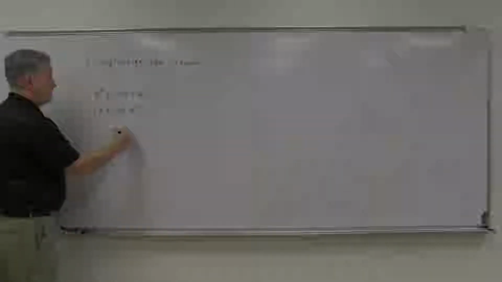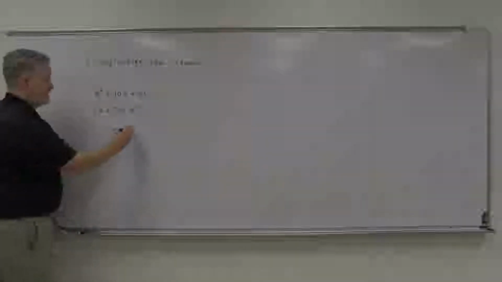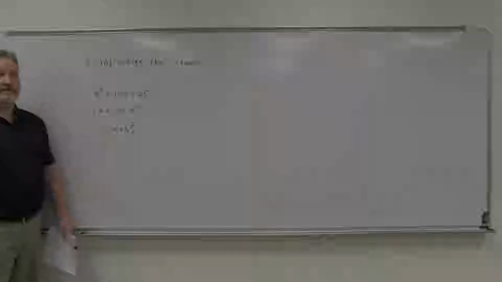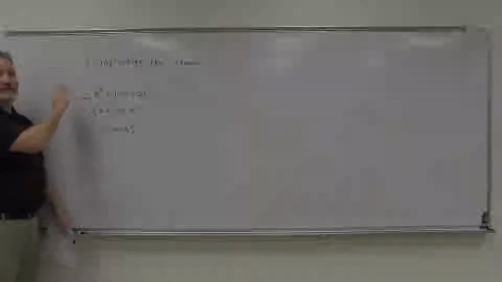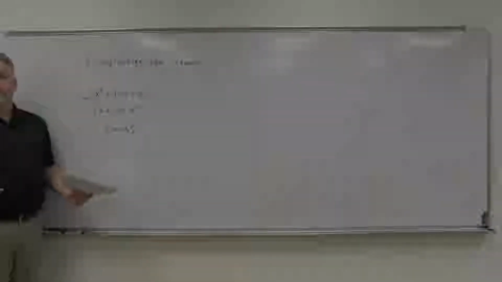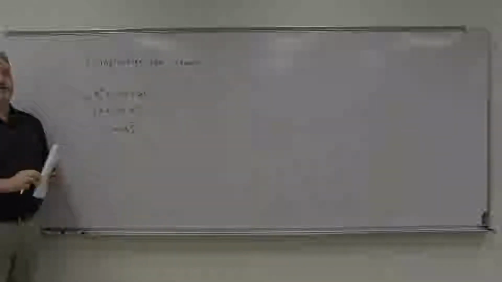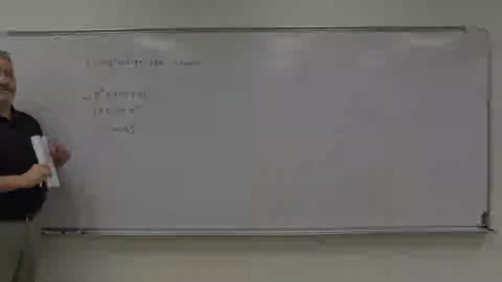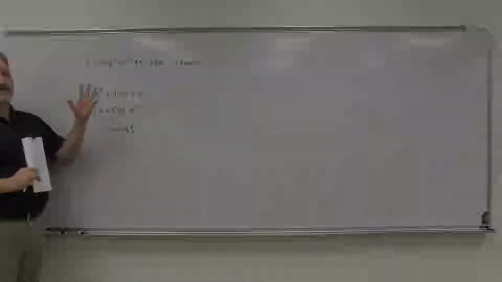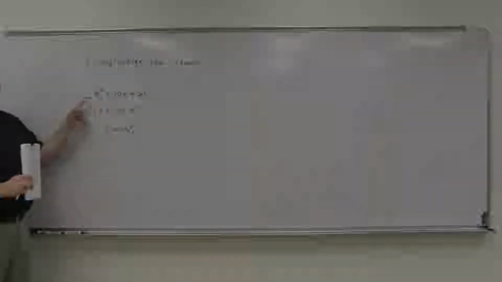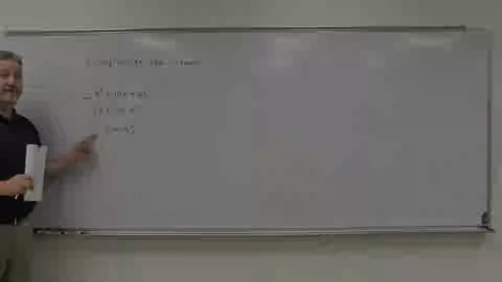So the best way to write that would be x plus 5 squared. And so that's what we mean by a trinomial being a perfect square, is that it factors to be a binomial squared. All right? That's what we mean by completing the square, that's what we want to make. We want to make a trinomial be a perfect square.